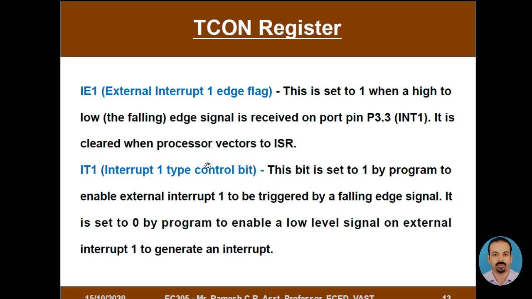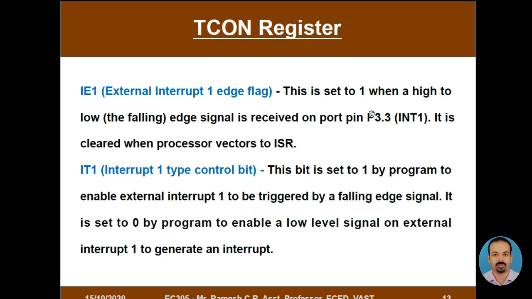Now, to control it further, only by making IE1 equal to 1 I cannot enable that particular signal. Only after both of these bits are set to 1 can I trigger the INT1 source by a high to low signal.